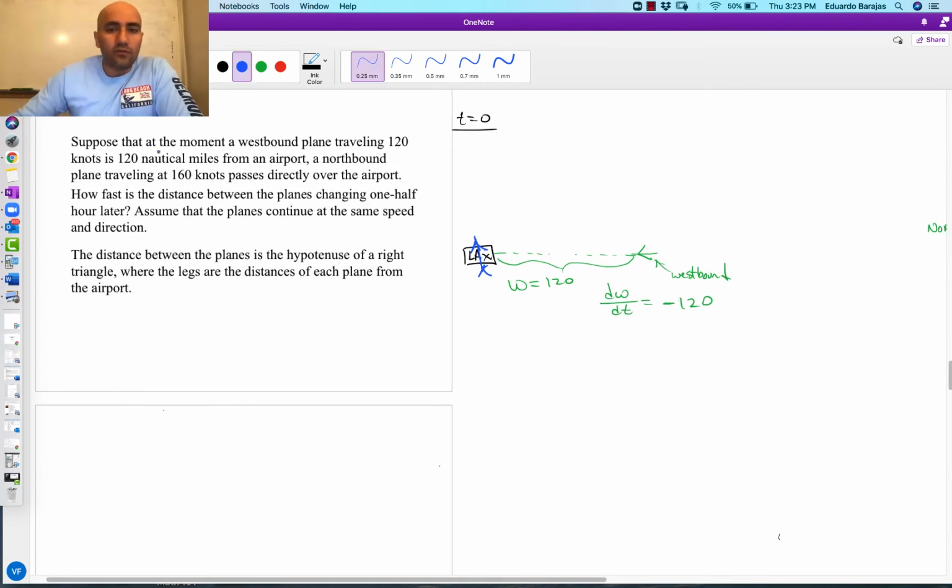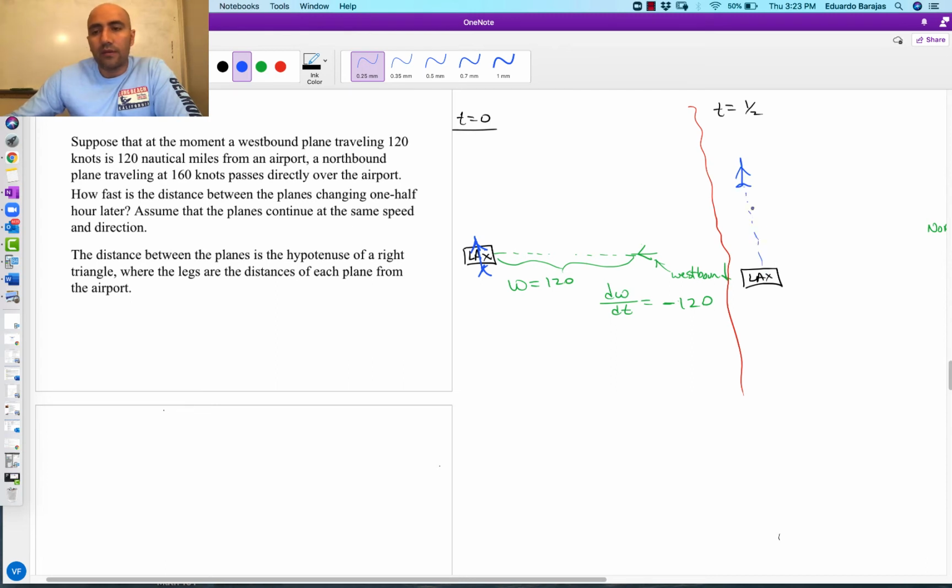And let me draw another scenario over here, because we have another case when LAX is here. And now a 1/2 hour later, this is when t equals 1/2 hour, this northbound airplane has now traveled some distance. Again, this is supposed to be an airplane.